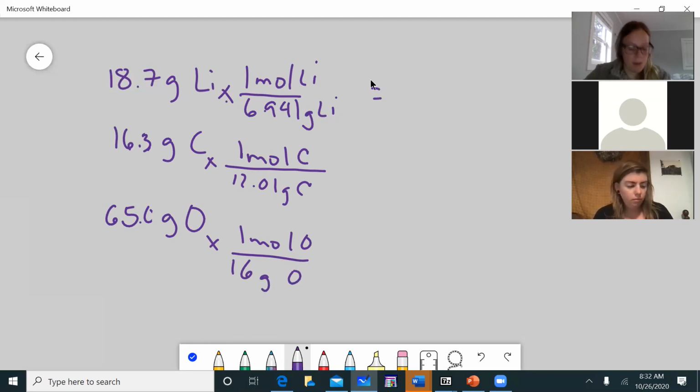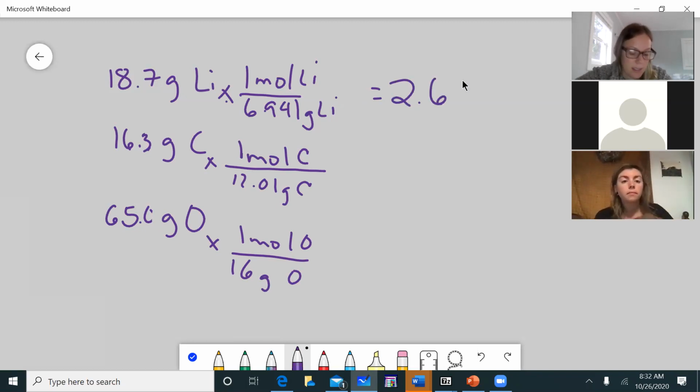So let's see what we pop out here for our values. Again, don't be freaked out if the numbers that come out for your moles are really decimaled, because when we divide by that smallest number, it usually takes care of itself.